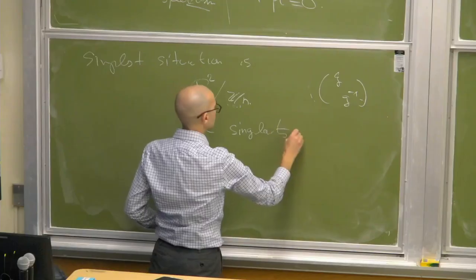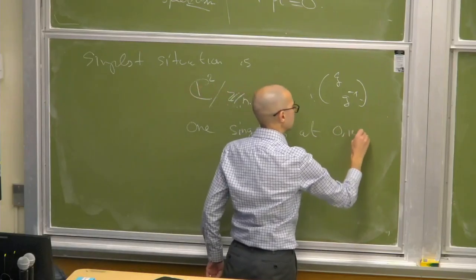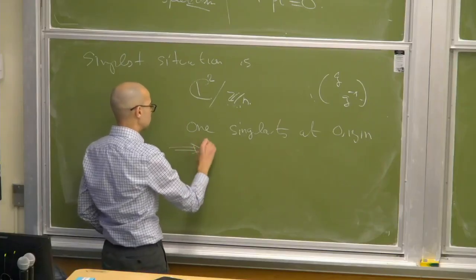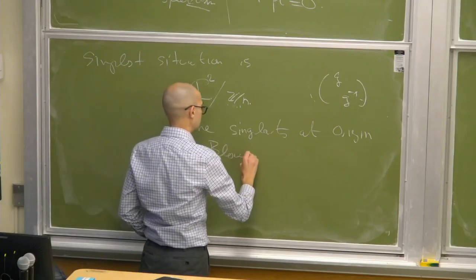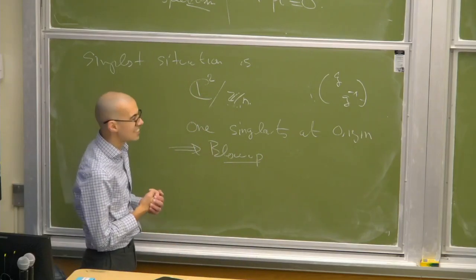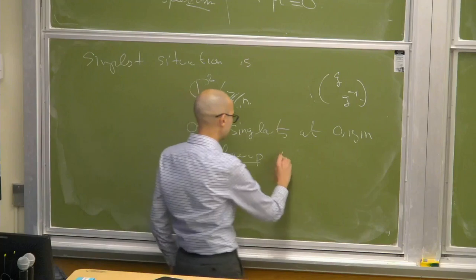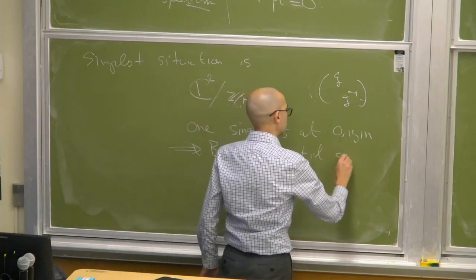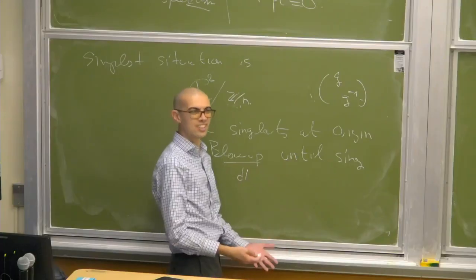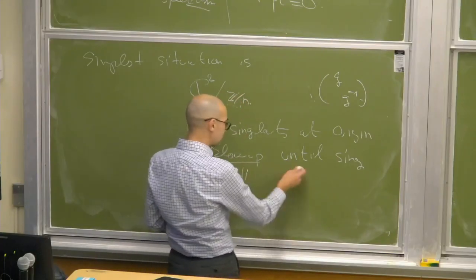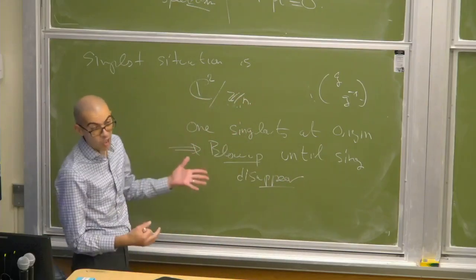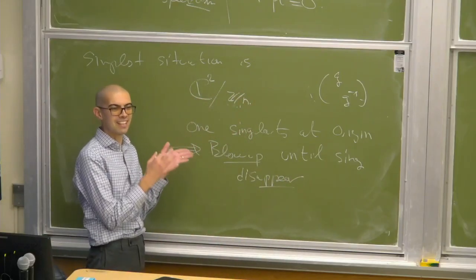But I'm a simple-minded person. I can just blow up. Maybe the blow up doesn't resolve singularities, but I can just do it again. Now, if you've ever been in a talk about resolution of singularities, it will tell you that if you do this naively, you can be in a lot of trouble.